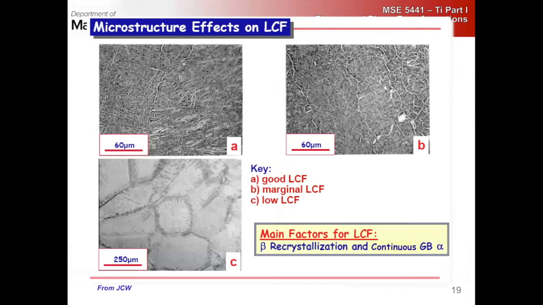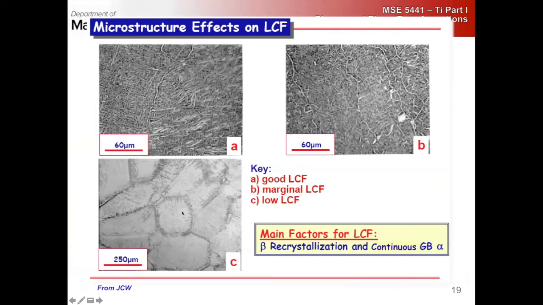Right? Okay. So fatigue, right? This is, I think, a really beautiful example of the effect of processing on property life, right? And this is what we were talking about before with tortuosity of path, right?